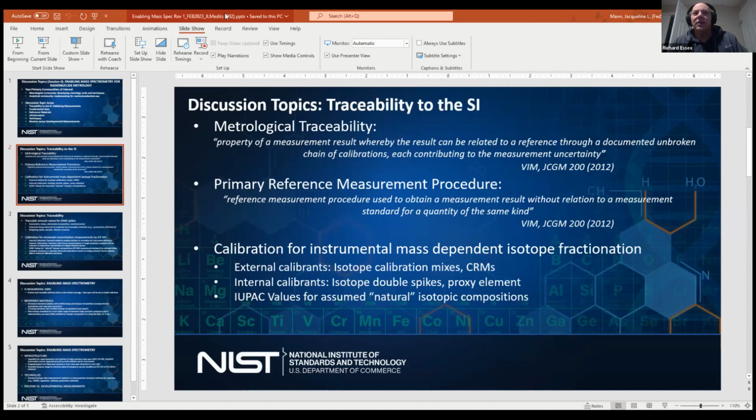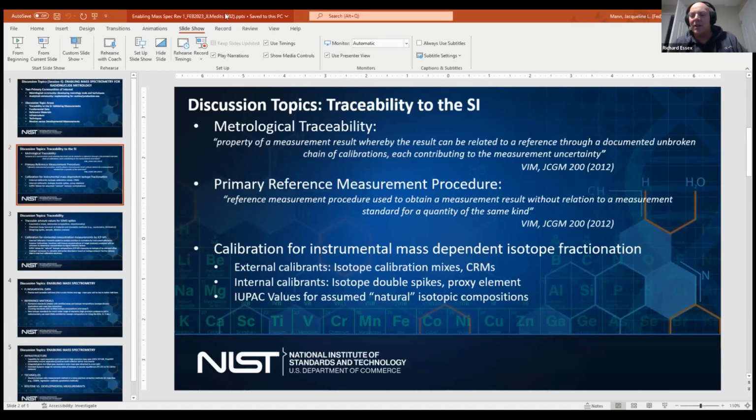What we're using is like IUPAC value ranges for values and uncertainties for these materials. Is that traceable? These materials have not really been checked against those values, although a lot of people who do the analysis look to see that it's at least consistent with what's expected. Is this a place where traceability breaks down?